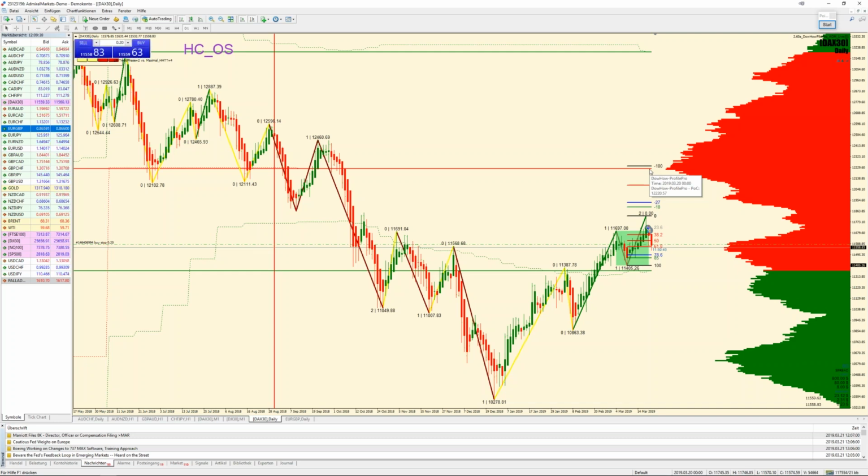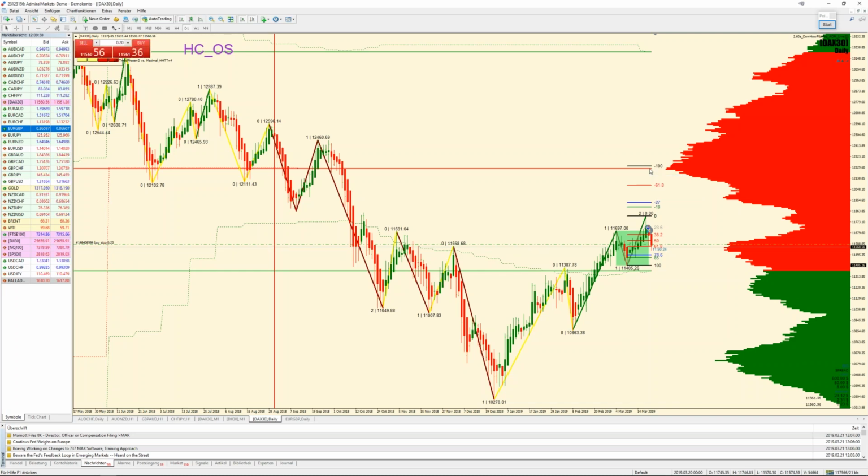I don't care about when, because I always trade the trend, and I never break my rules. So basically, it would be a great chance to make a long trade in DAX.